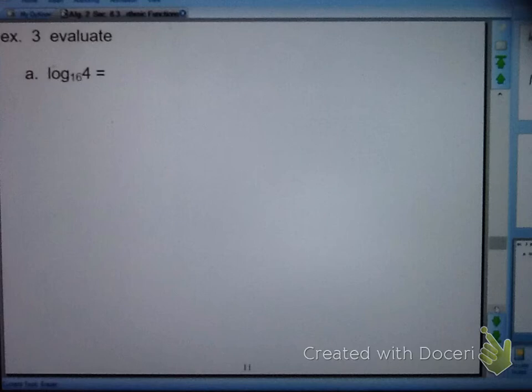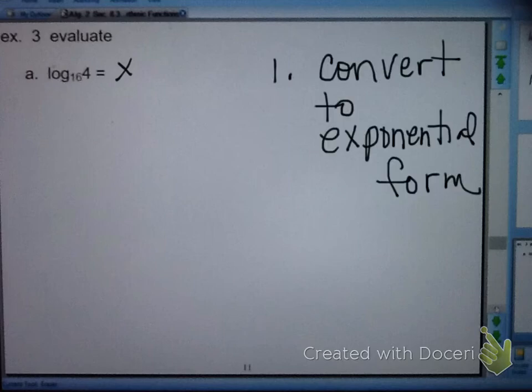Evaluate. Log base 16 of 4 is equal to, well, I'm going to right away put an x there, or you can put a y, whatever variable you want. Now, I am going to convert to exponential form. So that's 16 to the x power is equal to 4. Then it's just a review of the previous sections where you want to get a common base.